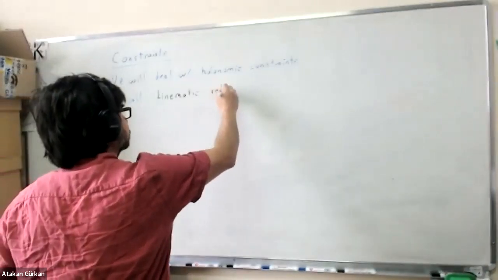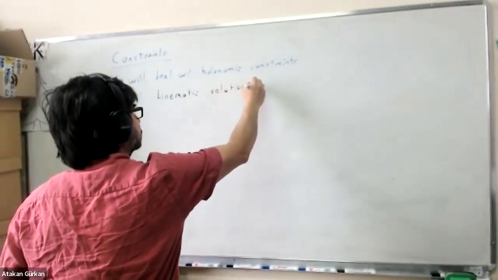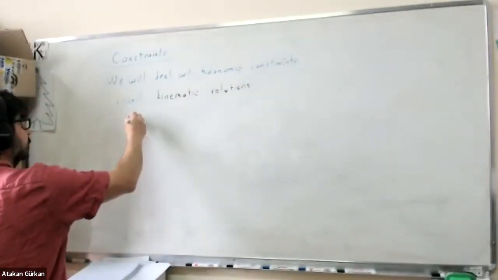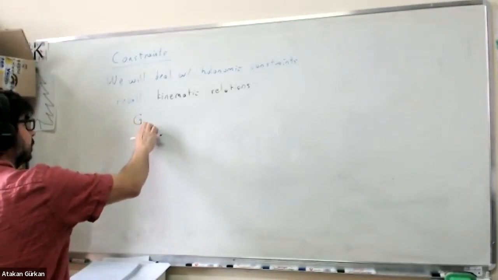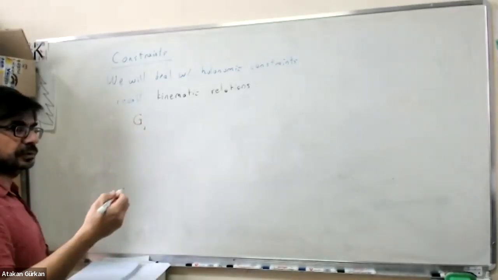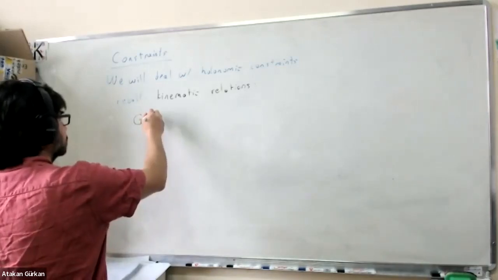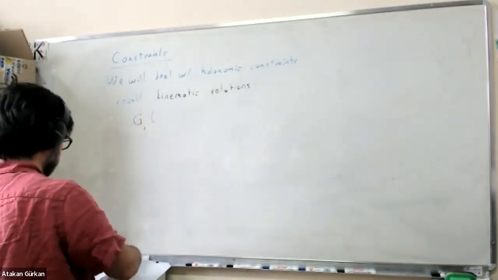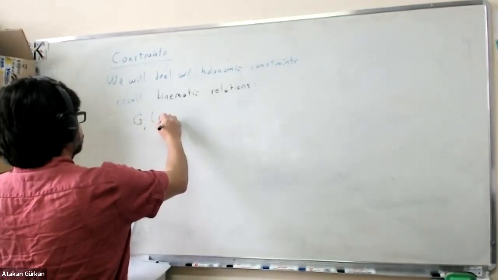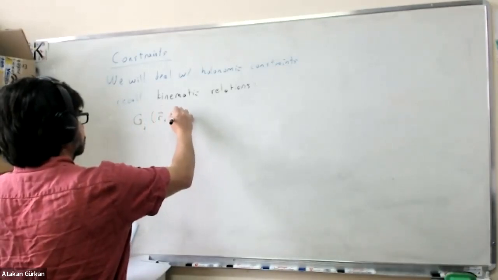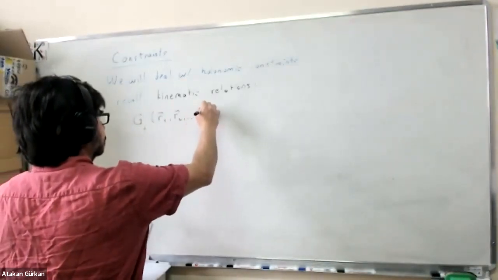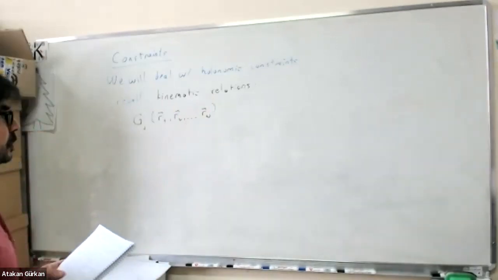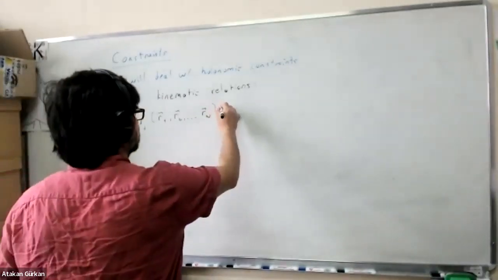Geometric relations. So I'm going to write them slightly differently than before. Instead of small f, I'm going to use capital G, because small f I'm going to use for the constraint force. So this is going to be some function of 1 or 2 of the Cartesian position coordinates of the n particles, and this is equal to 0.